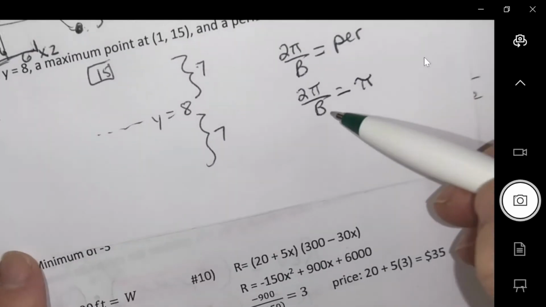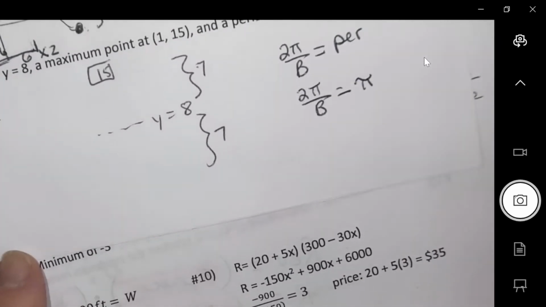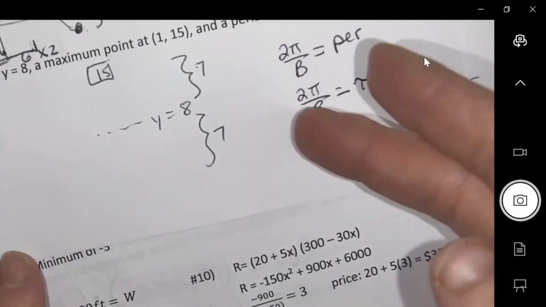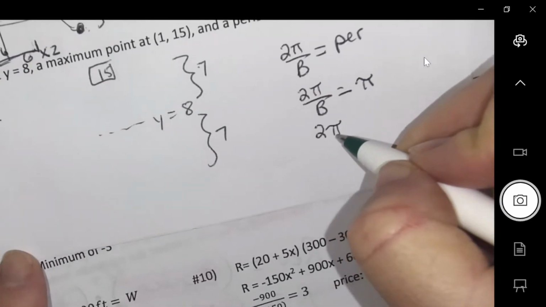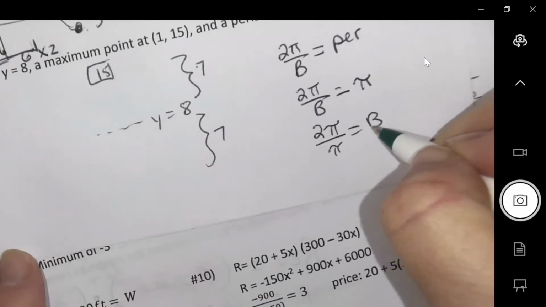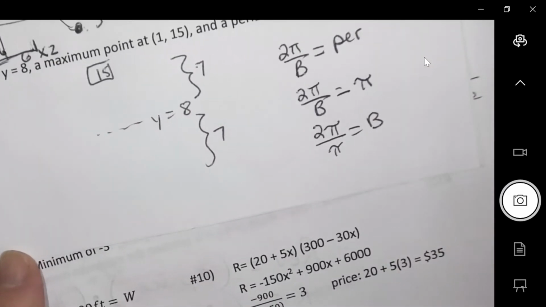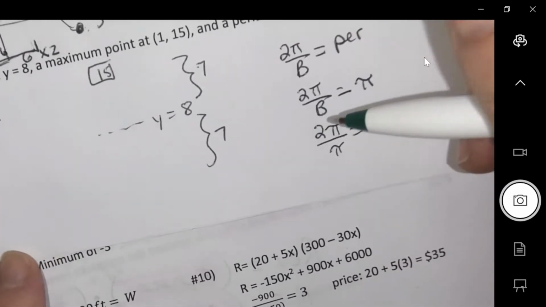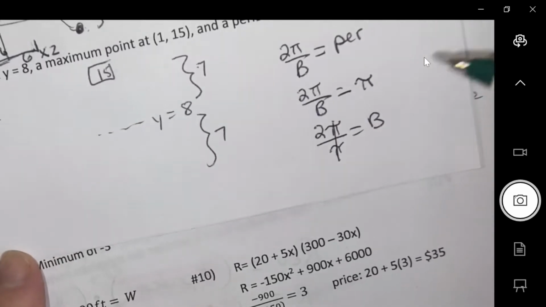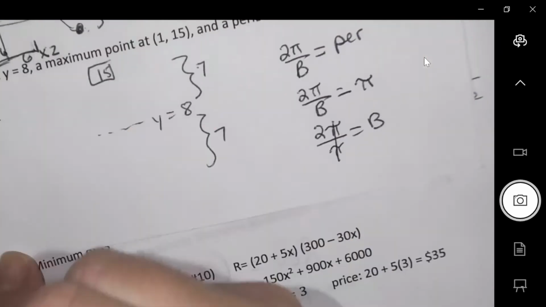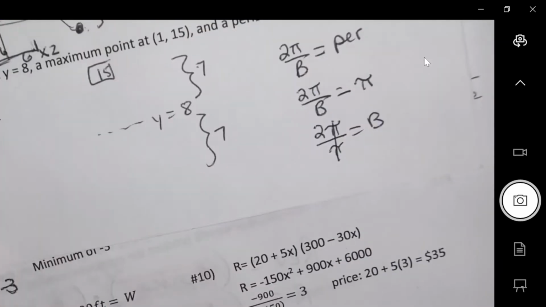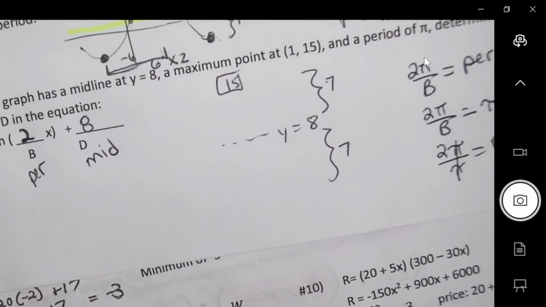You can flip-flop the b and the pi around in the cross-multiply world. And that cancels, making the b number 2. And some of you might have done that in your head because normal is 2 pi. What did I divide by to end up with pi?